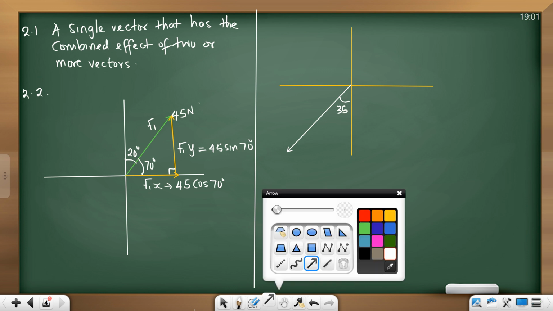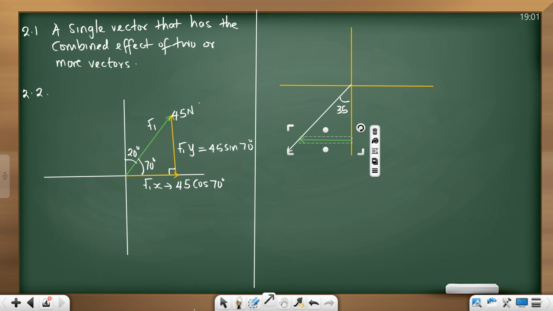Again, all I need is to complete a right angle. Look, I could do that there. All right. Down and left. Down and left. Let's just take that one back. Can you see that? Down and left.